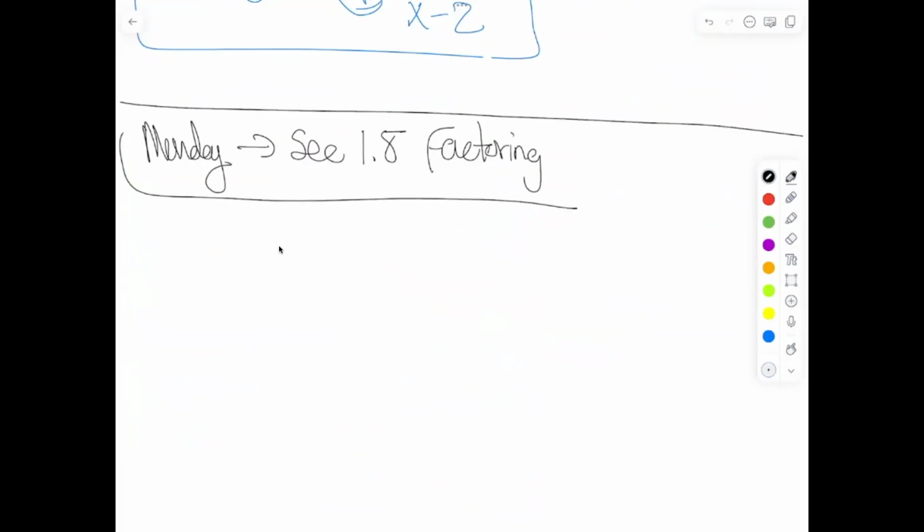Right? And I need you to not only look at factoring, but I also need you to look at section 1.6 when it comes to division.